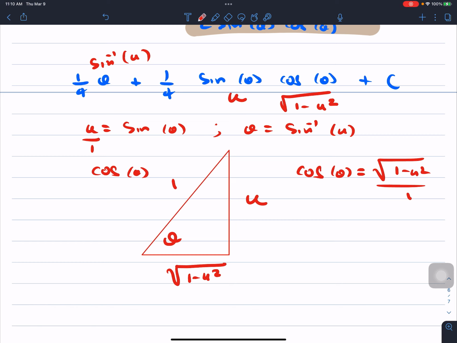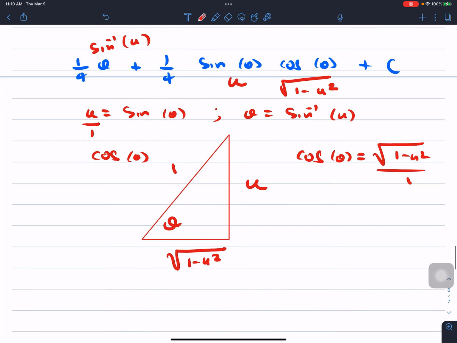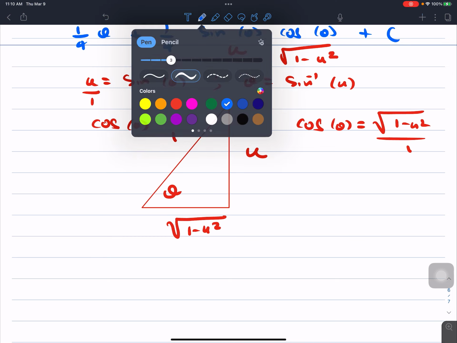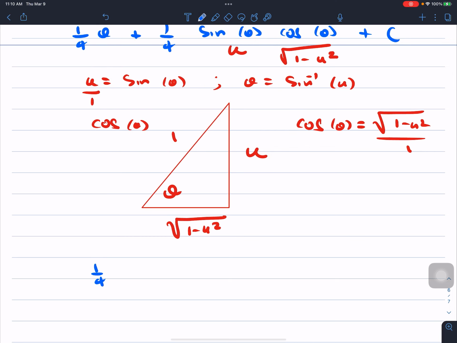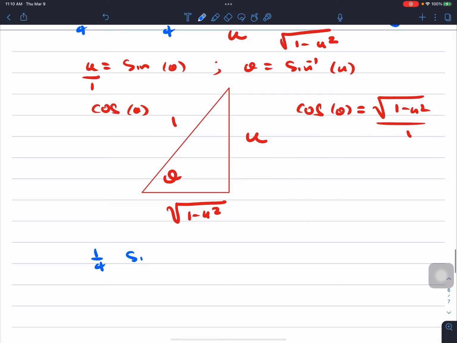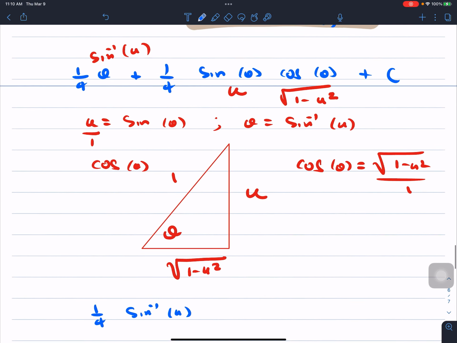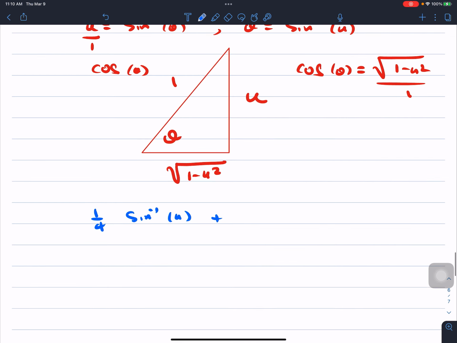Isn't that true? So now this is kind of like before. You go, okay, I got that 1/4, not theta, but inverse sine u, plus 1/4 u square root 1 minus u squared plus that c.